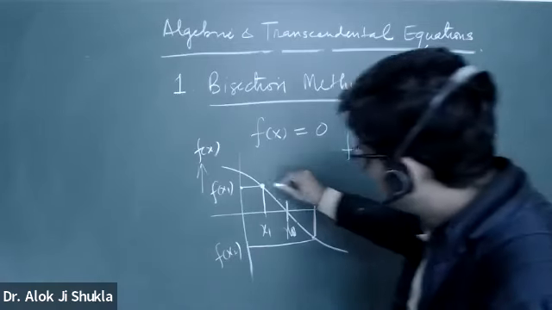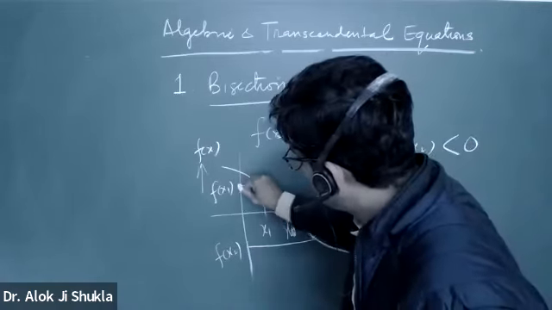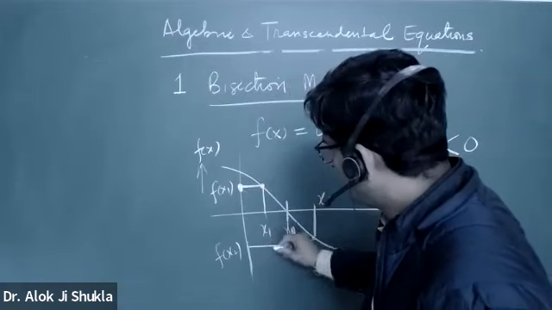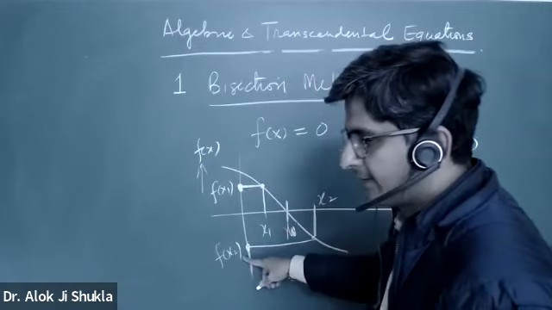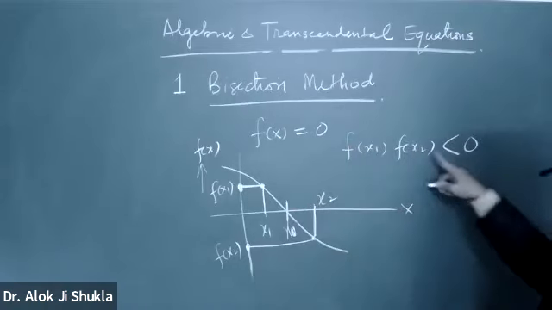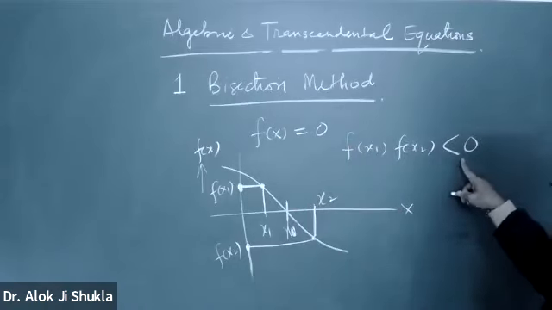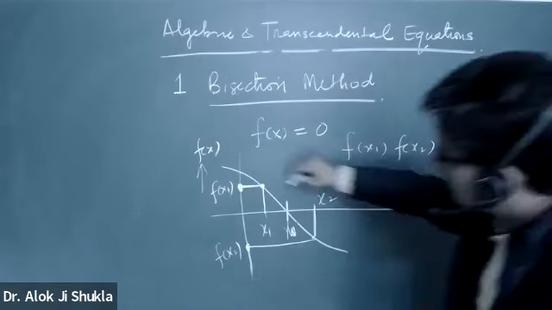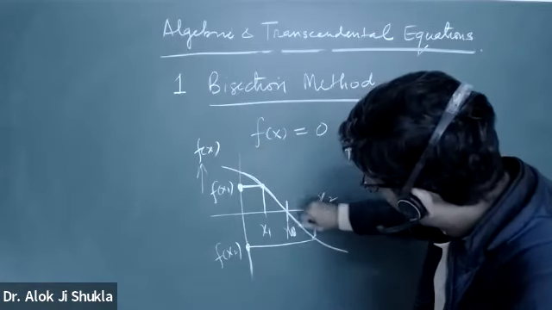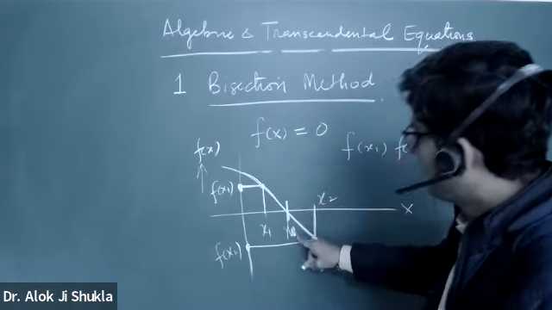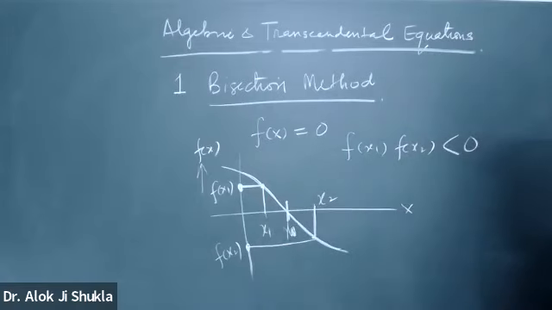Like, please see this. Like, suppose this value is 2, and suppose this value is -3. So 2 into -3 will be less than 0. If it is less than 0, that means this graph is cutting at some point, and that point lies between x1 and x2. First of all, understand this.